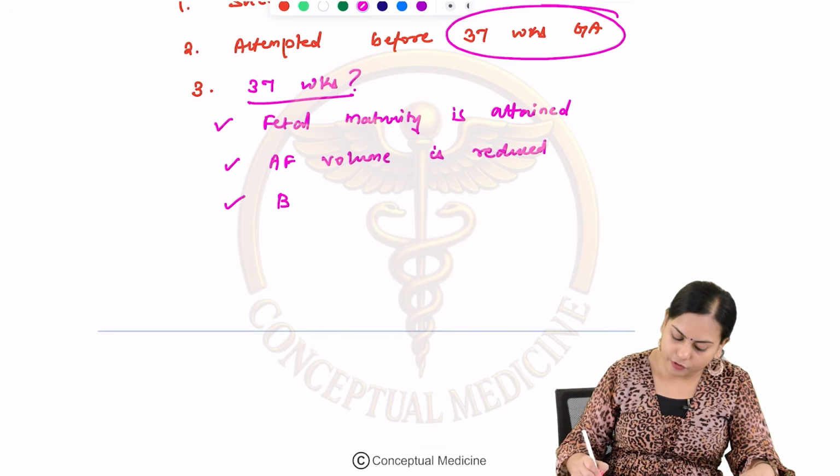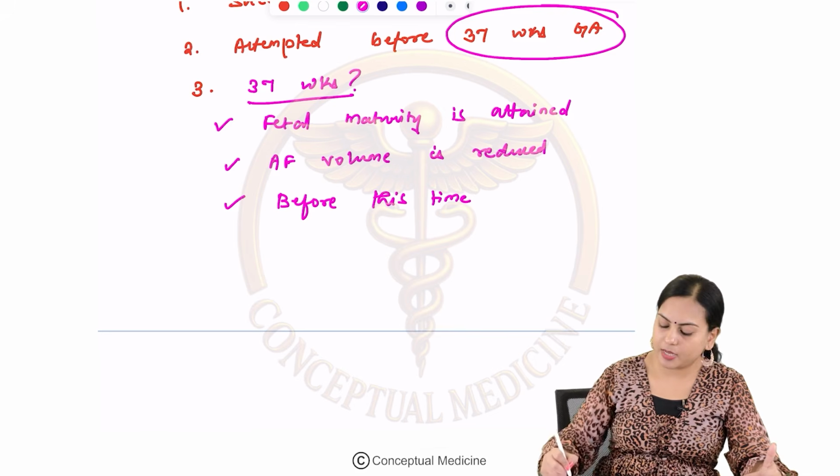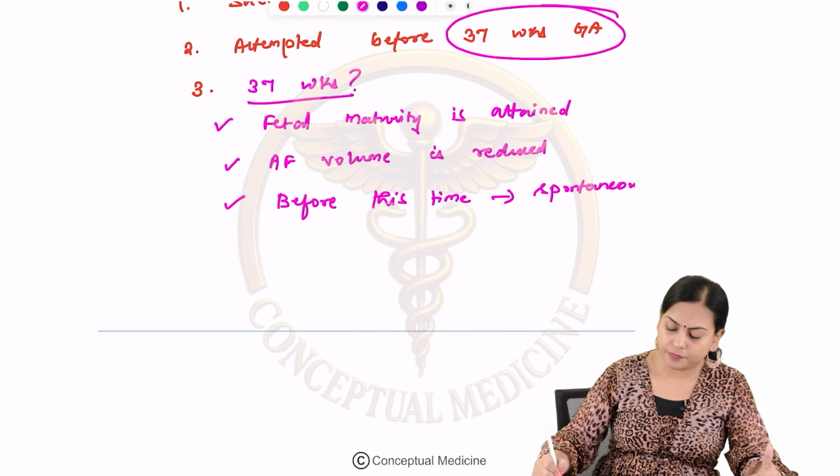Before this time, there is more chance that the baby can go for a spontaneous rotation.